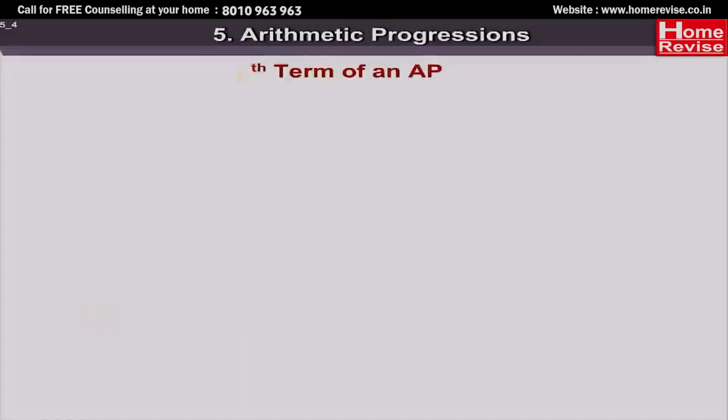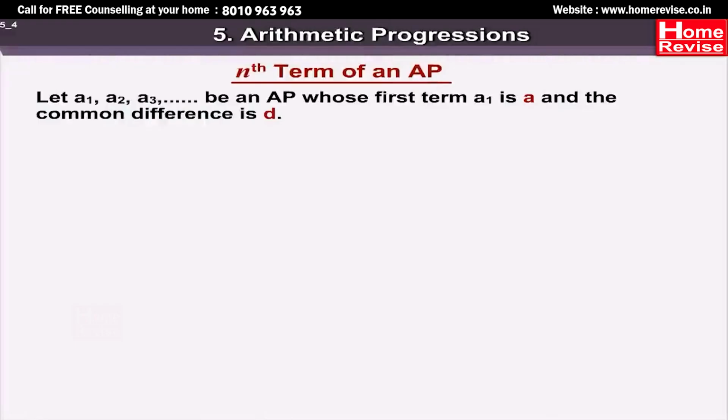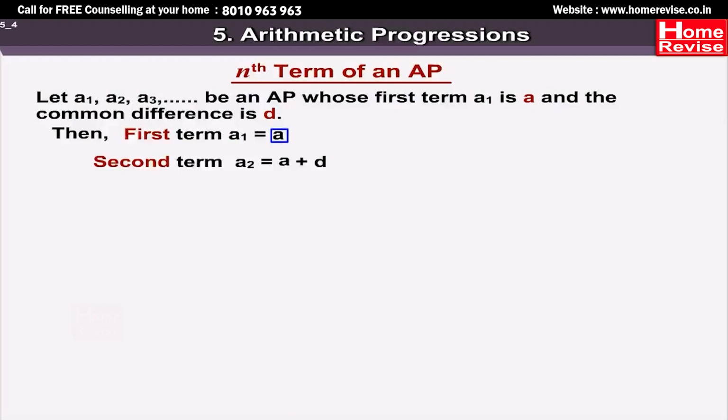Nth term of an AP. Let a1, a2, a3, and so on, be an AP whose first term a1 is a and the common difference is d. Then the second term a2 is equal to a plus d, that equals a plus 2 minus 1 into d.